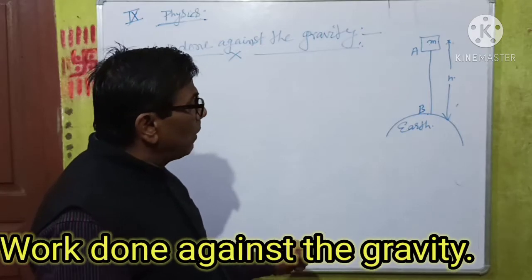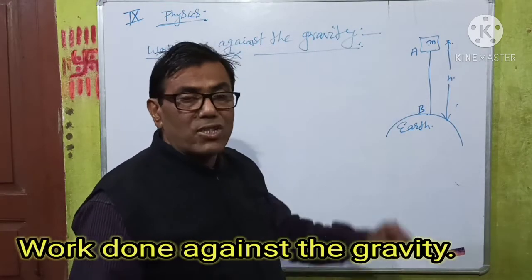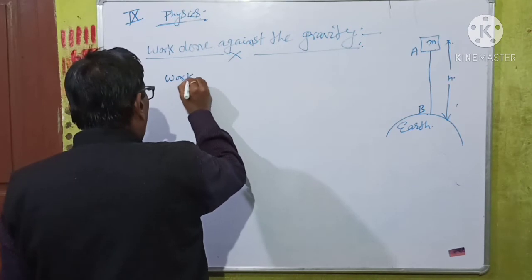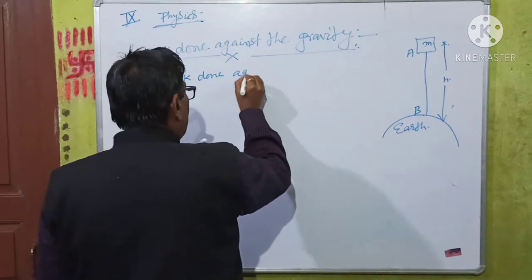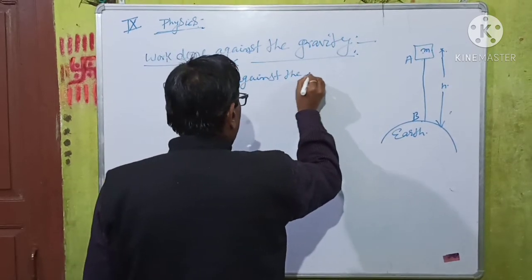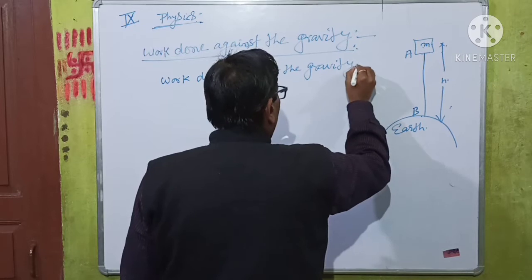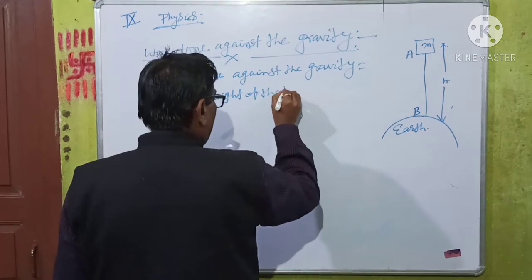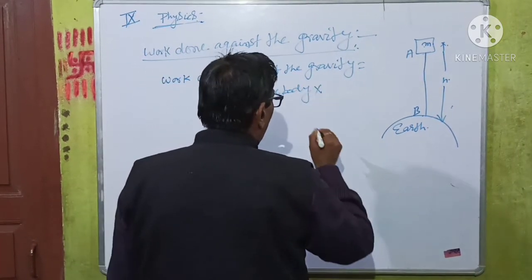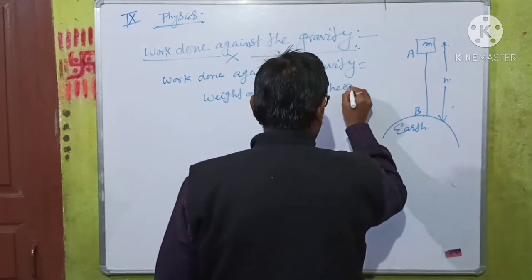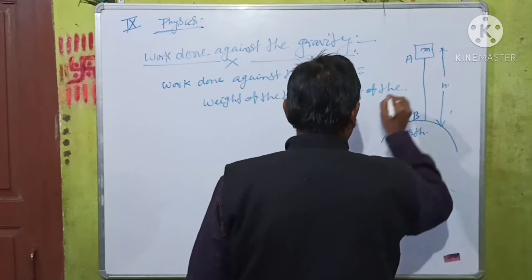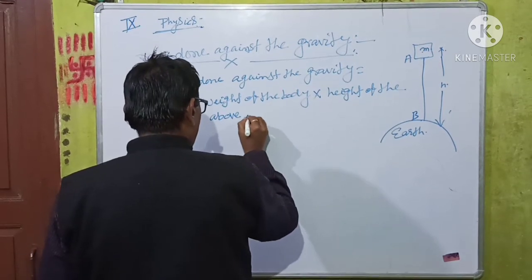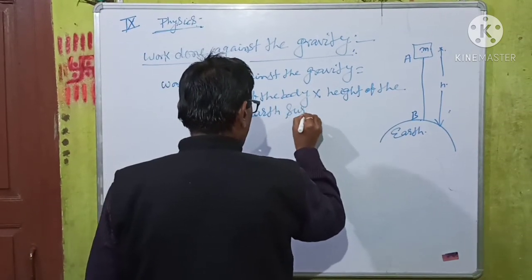We know that for any object situated at point A above the earth's surface, the work done against gravity is equal to the weight of the body into the height of the body above the earth's surface.